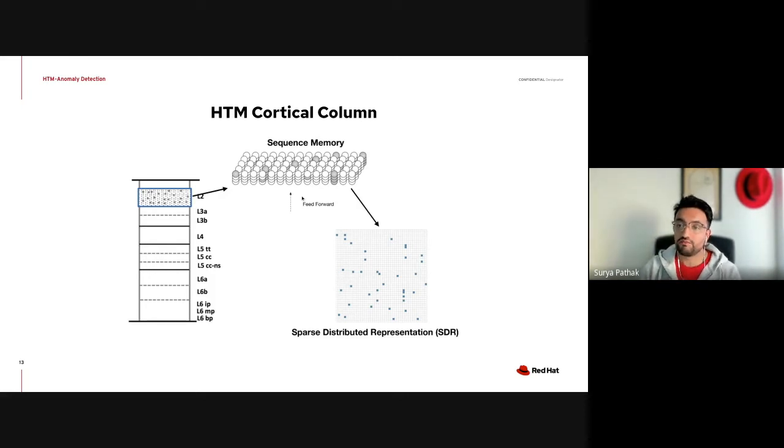Now, if I do the top projection of this column framework, and put a darker line for at least one active neuron in the grid, then I'll form this type of representation.